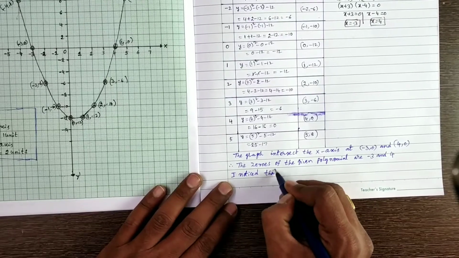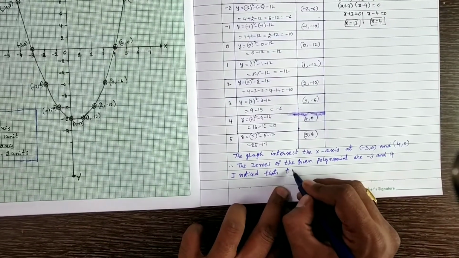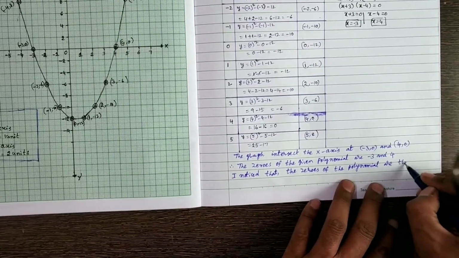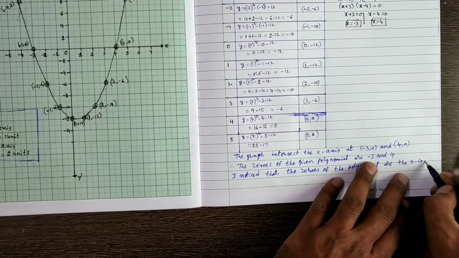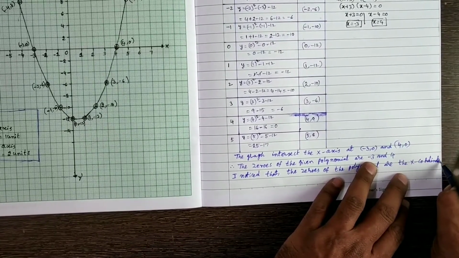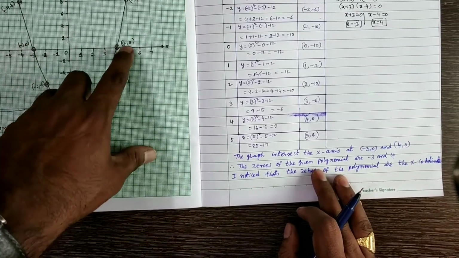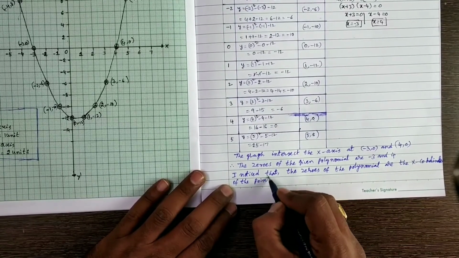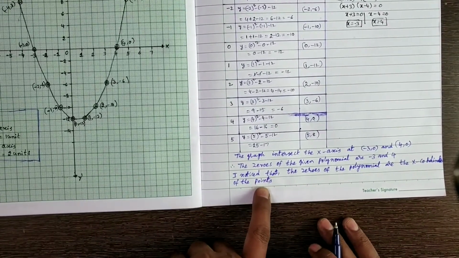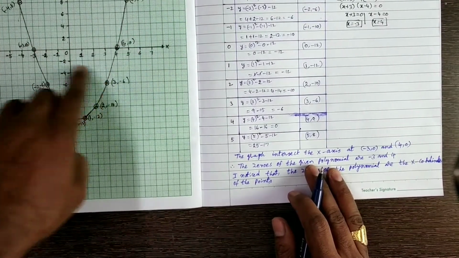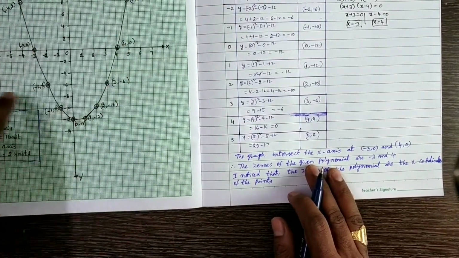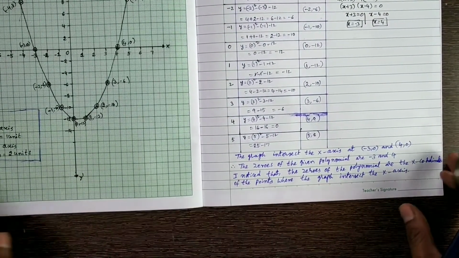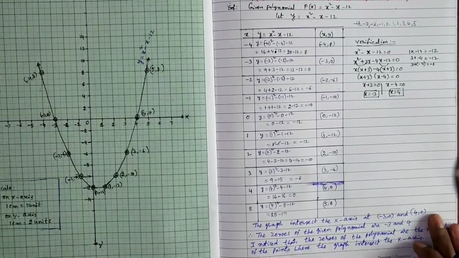I noticed that the zeros of the polynomial are the x coordinates of the points where the graph intersects the x-axis. Graph means the shape of the parabola. So this is the way to do these problems.